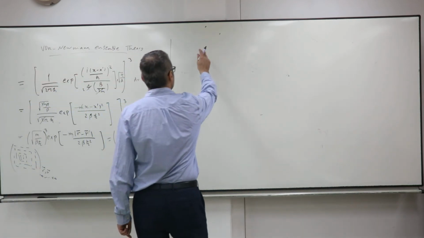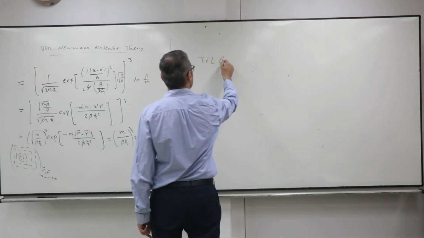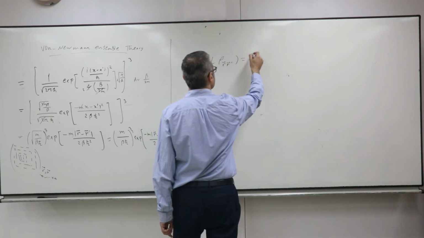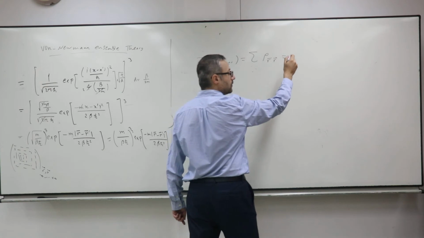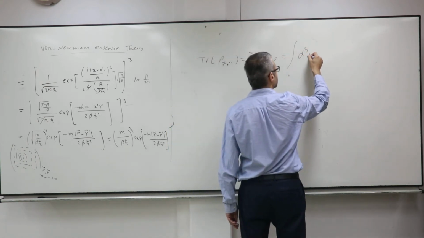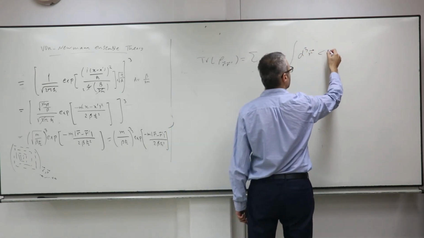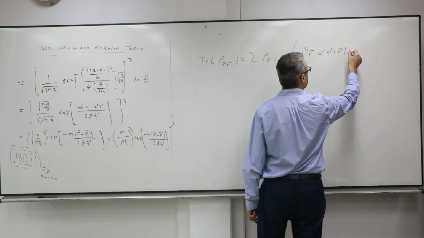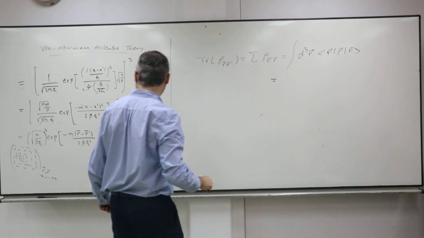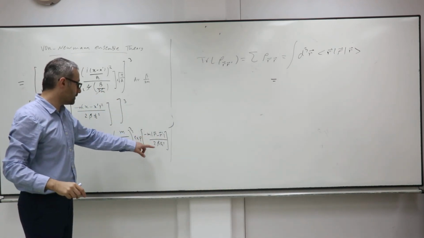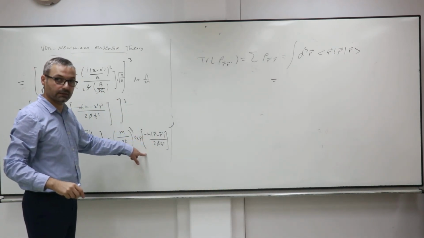So to find a trace, the trace of this rho matrix is sigma rho RR, no? Something like that. We have that. You needed to set R equal to R prime. When you set R equal to R prime, this exponential will be 0.